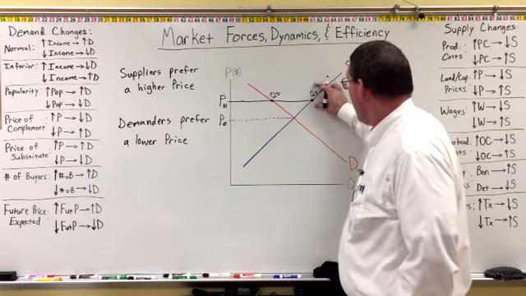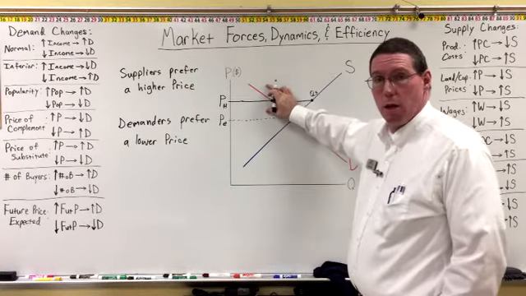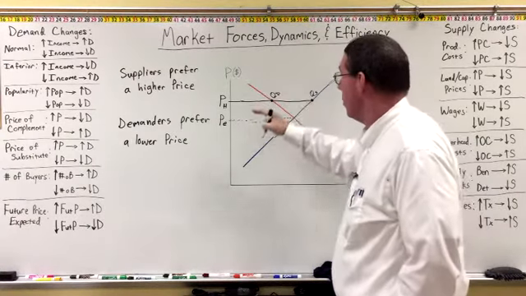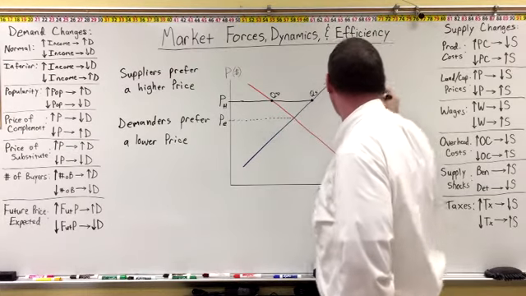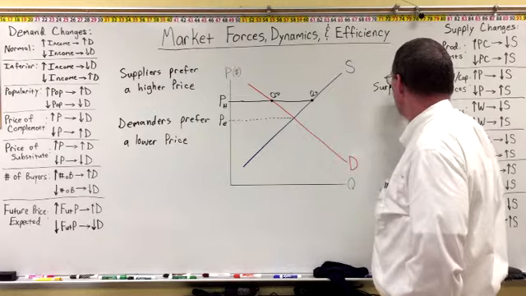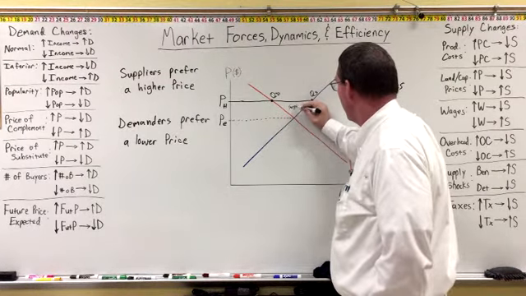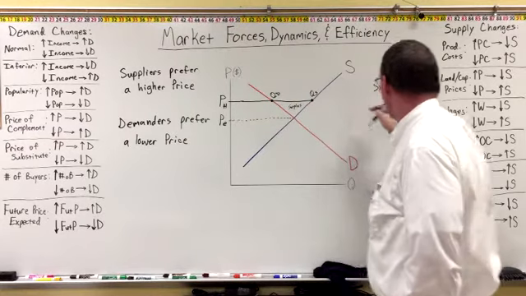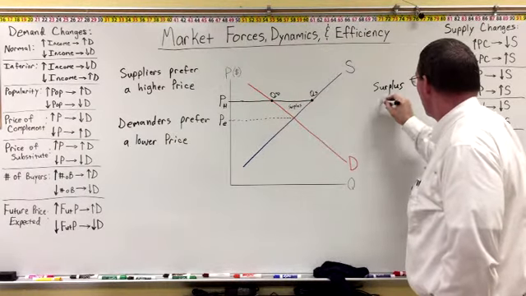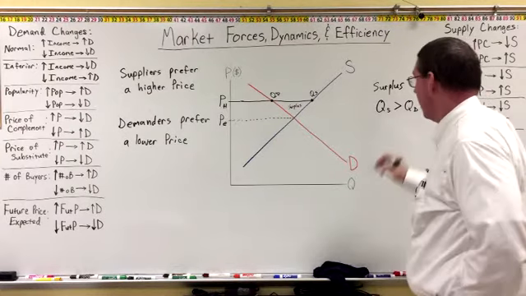Quantity supplied is now higher than quantity demanded. That's what we mentioned in the last lesson: this indicates a surplus, because quantity supplied is greater than quantity demanded.